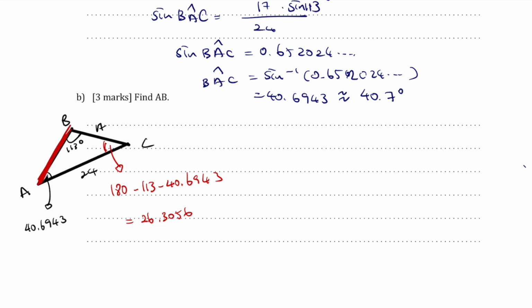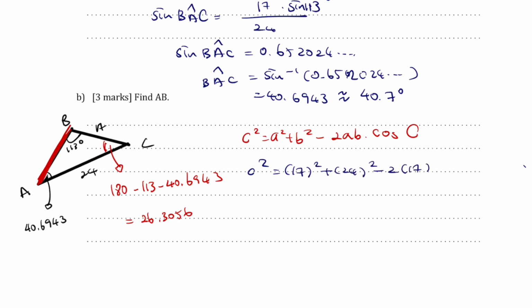That means we know all three angles and two sides. That means we are just missing one side, right? In that case, we can use the cosine rule. So we can do c squared equals a squared plus b squared minus 2ab times cosine C. Then we get c squared equals 17 squared plus 24 squared minus 2 times 17 times 24 times cosine.